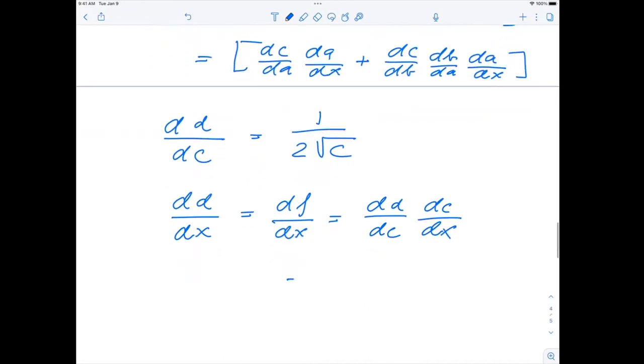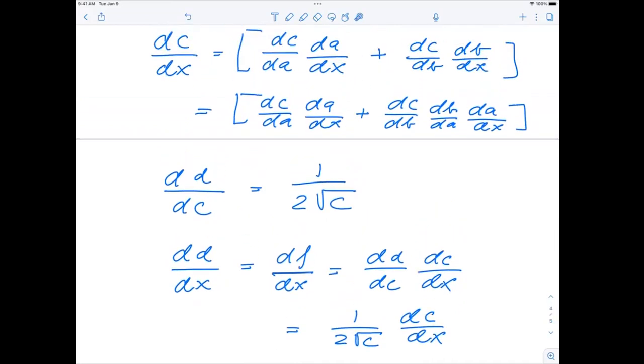And we know that this one is nothing but 1 over 2 over square root of c, and then I have dc of dx, which I then can pick up again. This dc of dx is the one which you can pick up here. So by this specific way, we can actually set up the different derivatives.